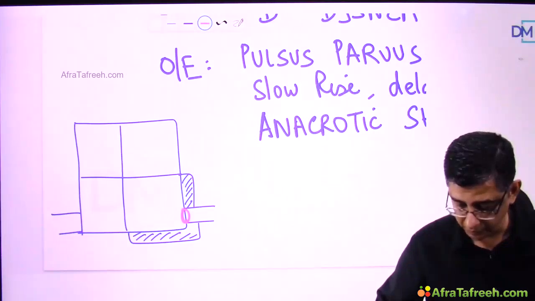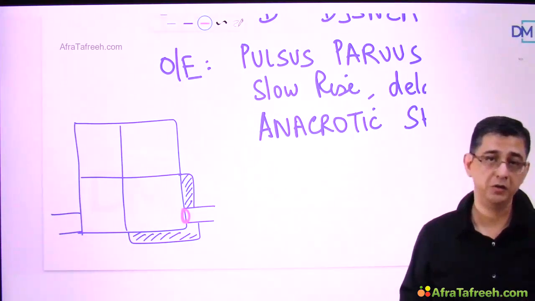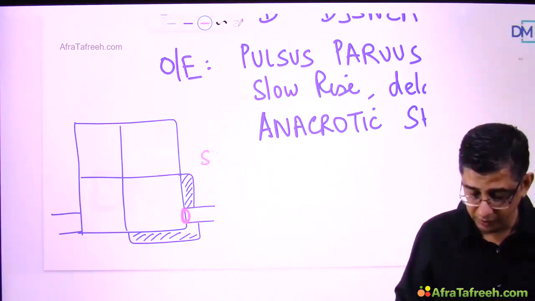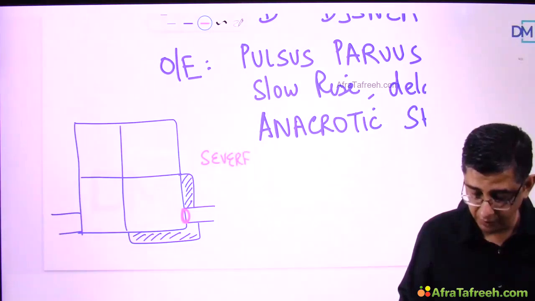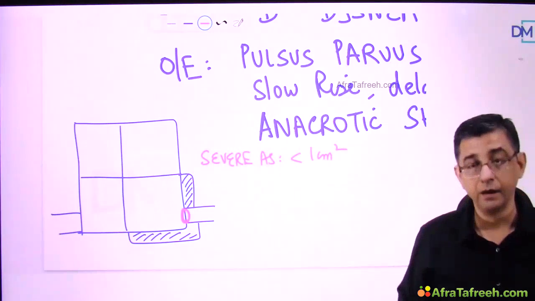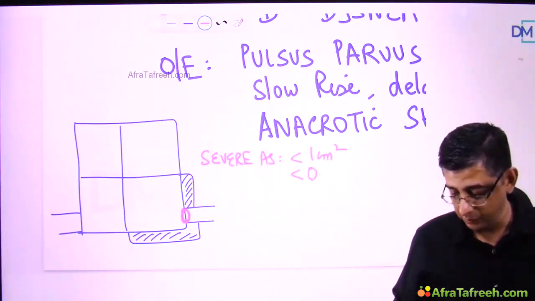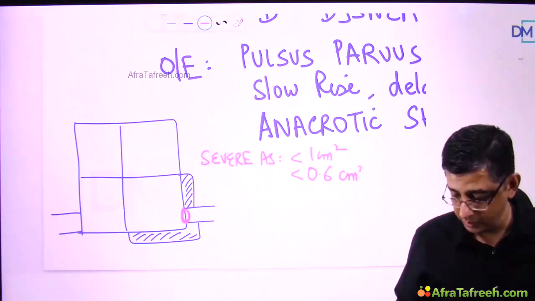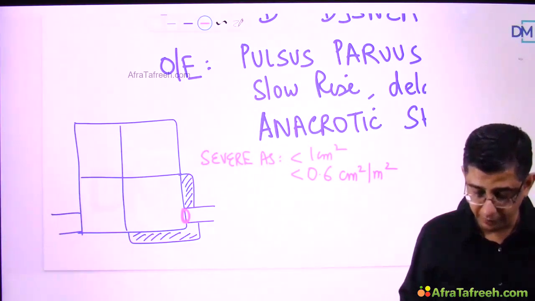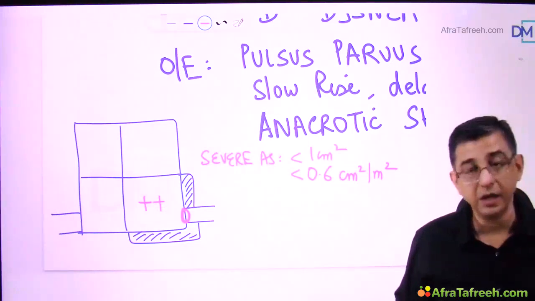The normal surface area of the aortic valve should be in the range of 2.5 to 3 square centimeter. You will say the patient has severe valvular aortic stenosis when the orifice is less than 1 square centimeter. In some MCQs, they will write 0.6 square centimeter per meter square of body surface area, because the pressure generated in the left ventricle is higher.